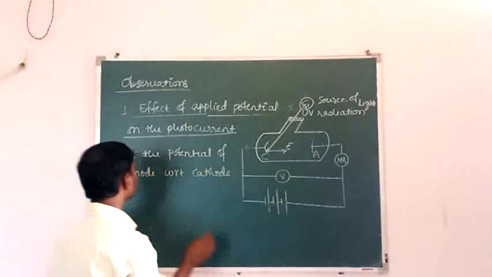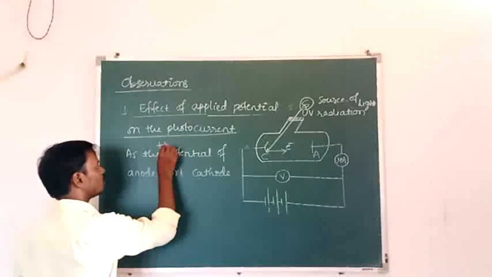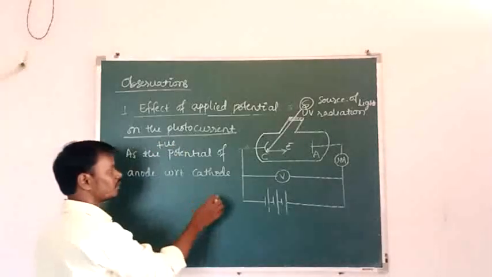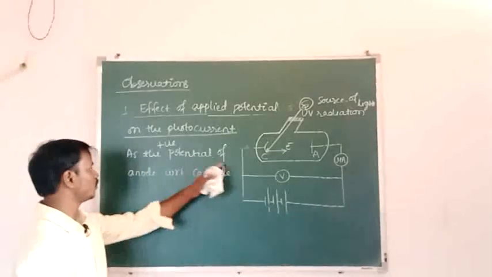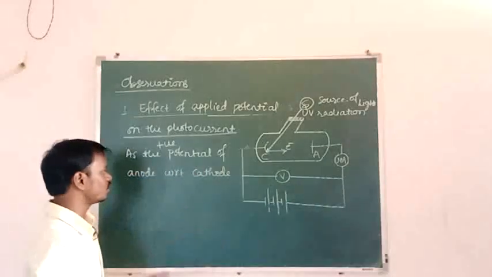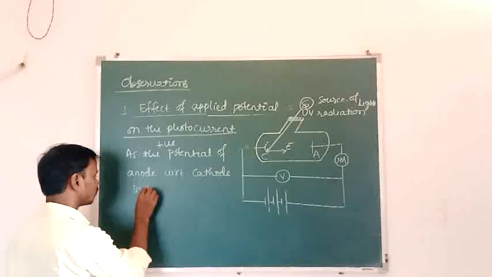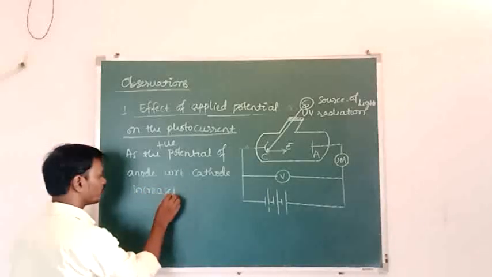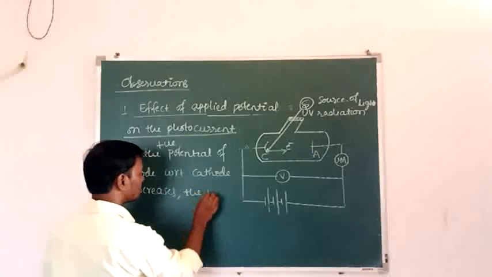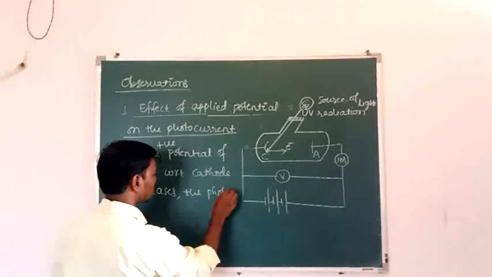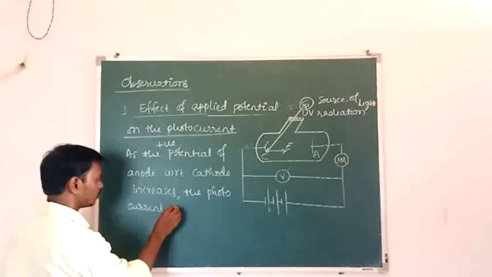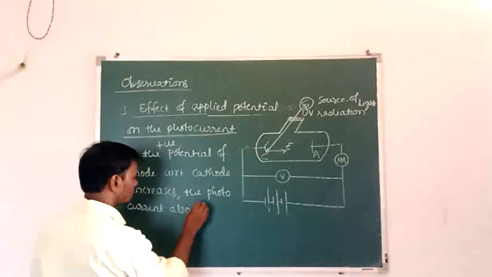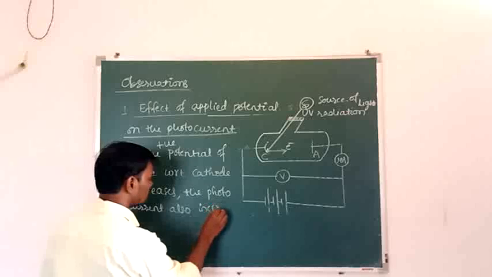Positive potential, and the cathode is at negative potential. As the positive potential of anode with respect to cathode increases, the photocurrent also increases.